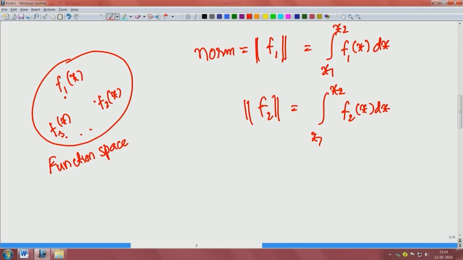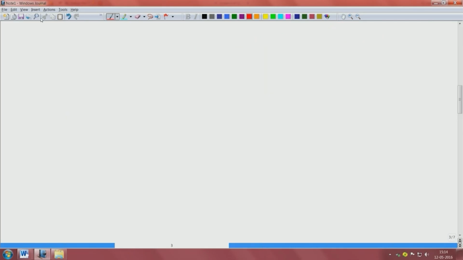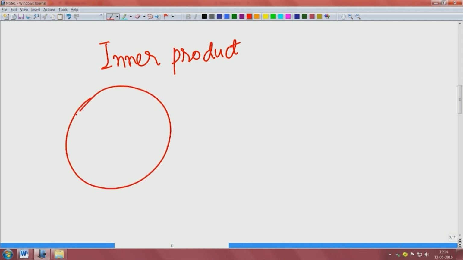But the one that we now talk about, which is called the inner product, requires 2 elements. If I have a function space with f1, f2, f3, f4, f5 and so forth, in order to define an inner product, I need 2 things.